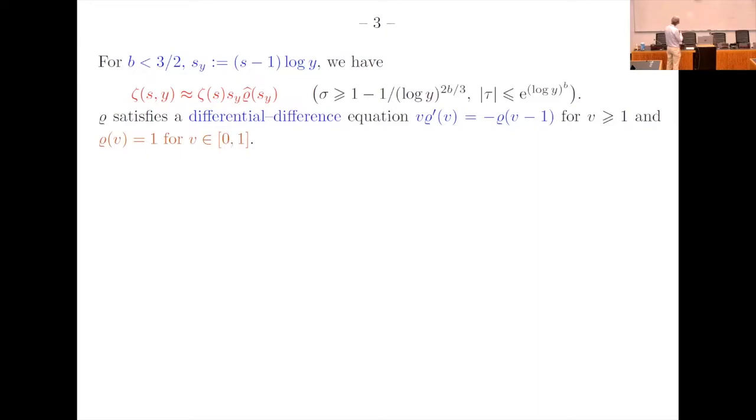Rho satisfies the differential difference equation, which I wrote here: v times the derivative of rho in v equals minus rho of v minus 1. That is why I use the term difference. Of course, it is not clear here, but rho of v is 1 when v is between 0 and 1.